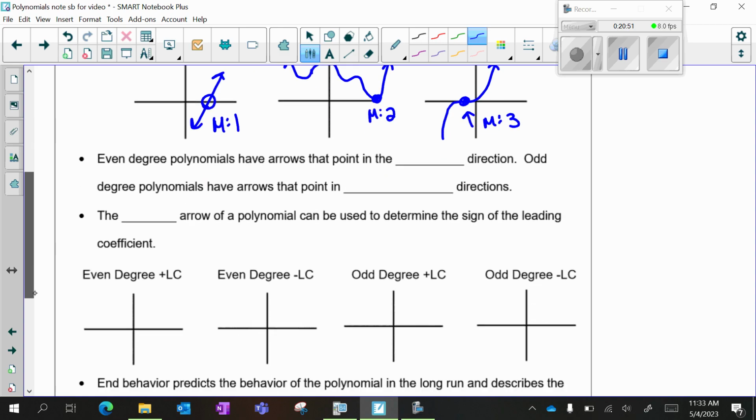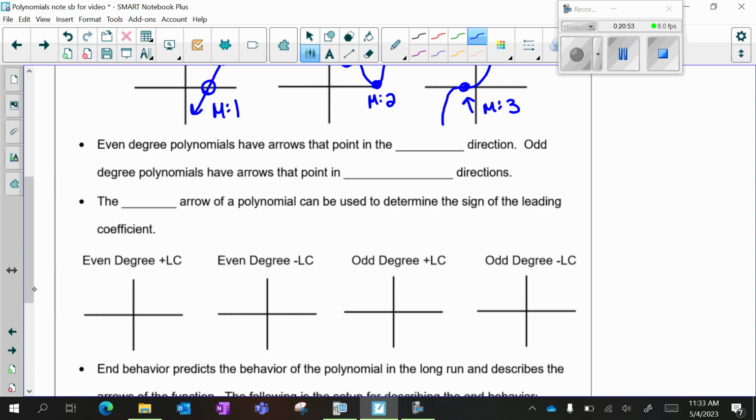In terms of end behavior, even degree polynomials have arrows that point in the same direction. So even would look like this or like this. Odd degrees have arrows that point in opposite directions, like this or like this.